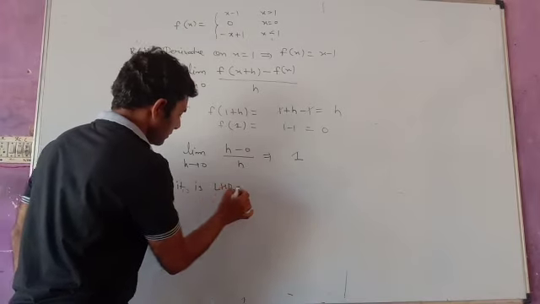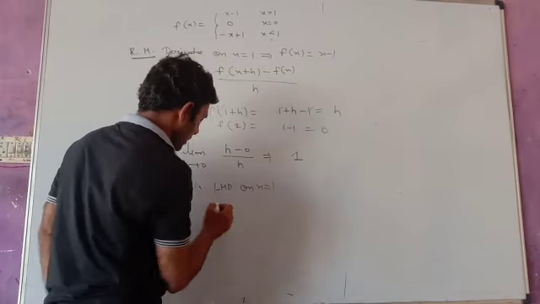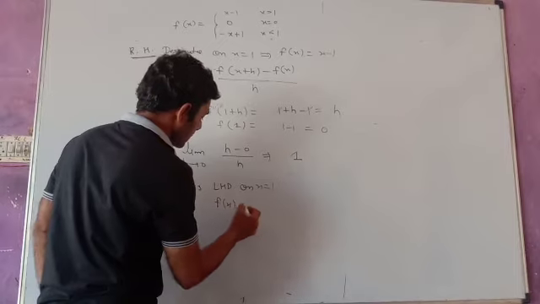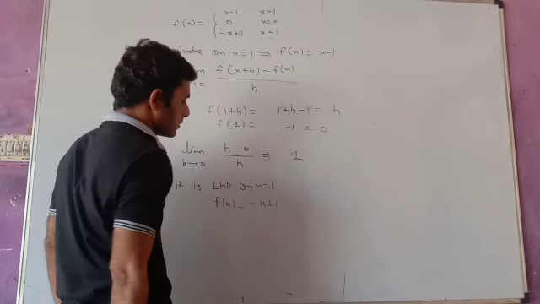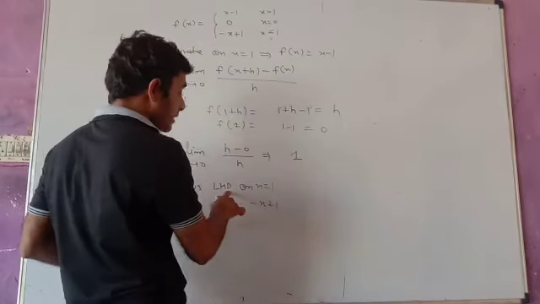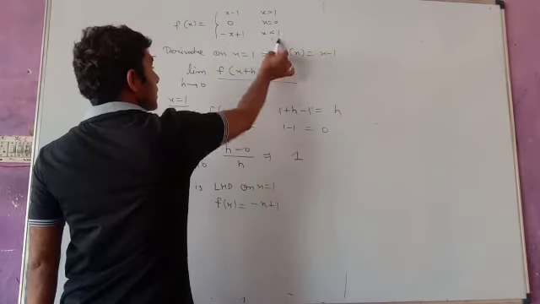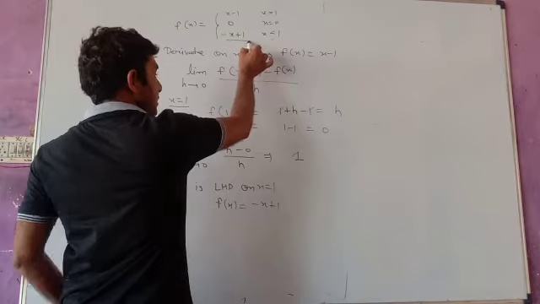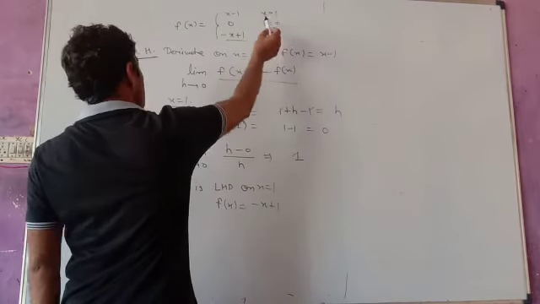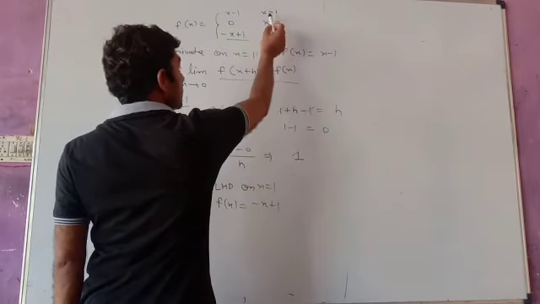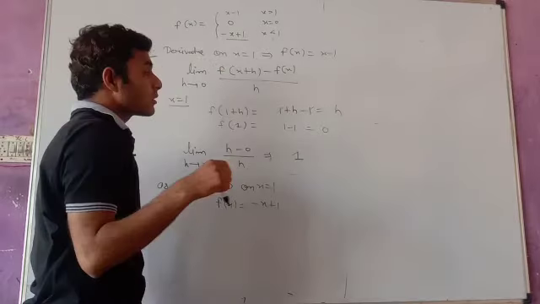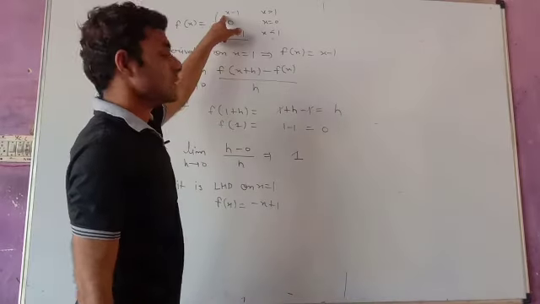Left hand derivative at x equals 1, our function will be minus x plus 1, because for left hand derivative x will be less than 1. For less than 1 our function is minus x plus 1. As for the right hand derivative, x will be 1 plus h, meaning more than 1, and the function was x minus 1.